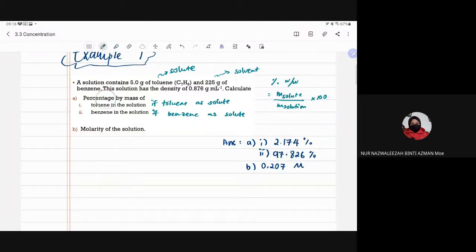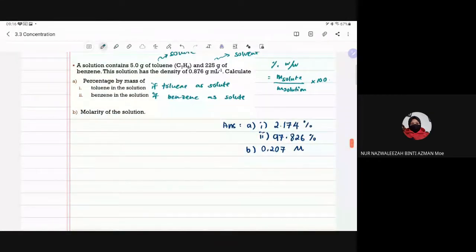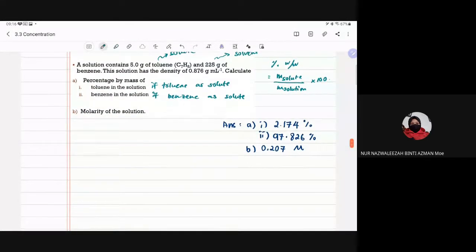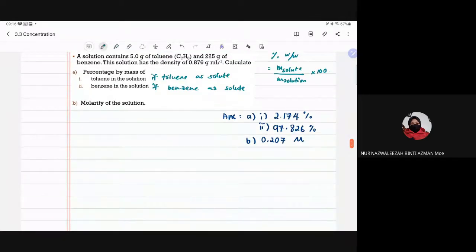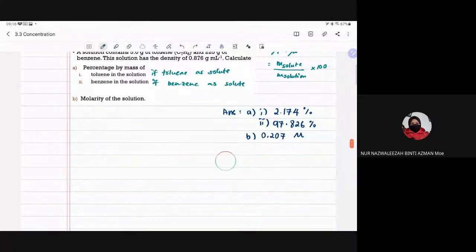Okay. So try to answer this and then try to answer the molarity. Untuk molarity, guidance dia adalah, guidance untuk molarity. First step, untuk part B. Pertama, kita cari find mole of solid.